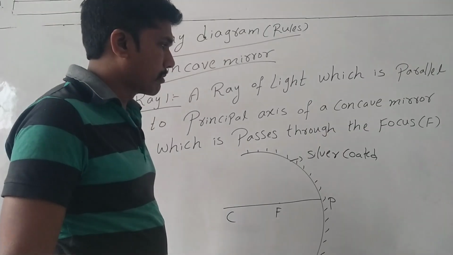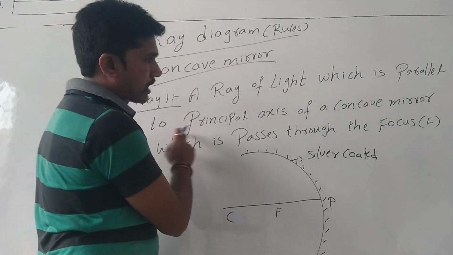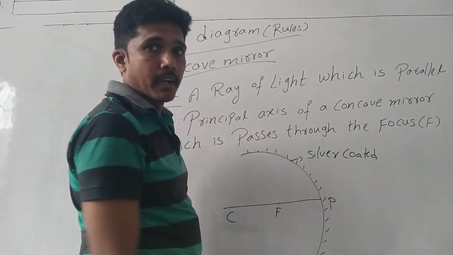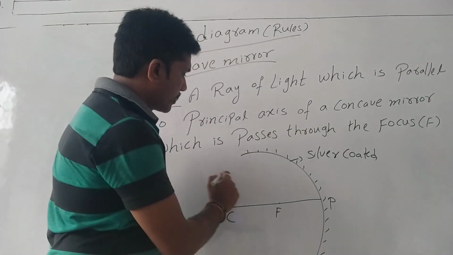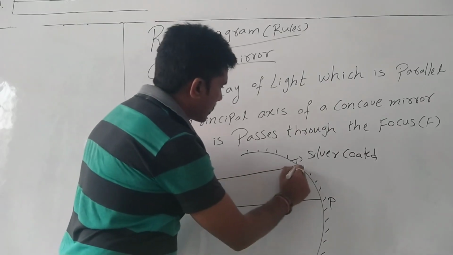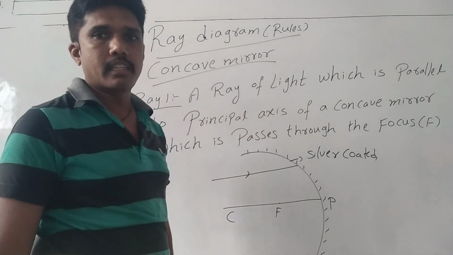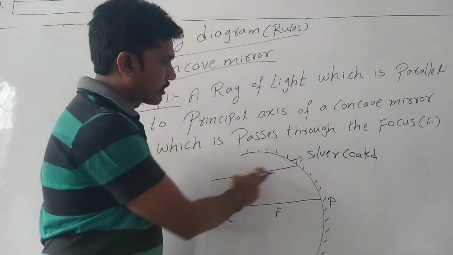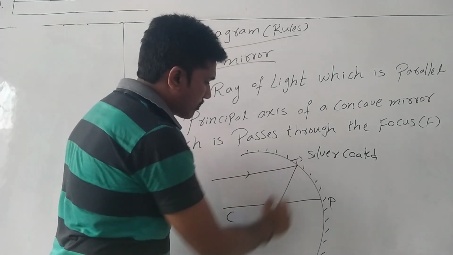Just remember. Now see this ray of light which is parallel to the principal axis of a concave mirror. You can take one light ray like this, for example sun rays. When the ray is parallel to the principal axis, after reflection it will go through the focus.